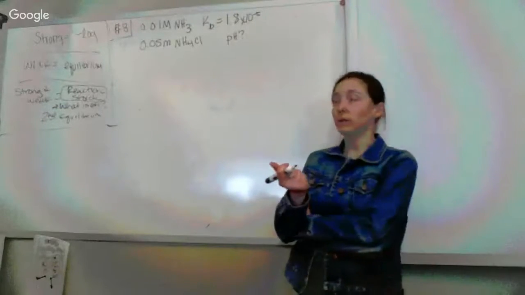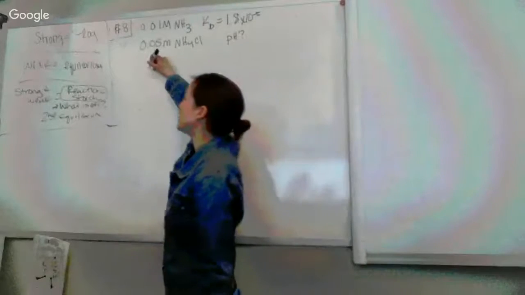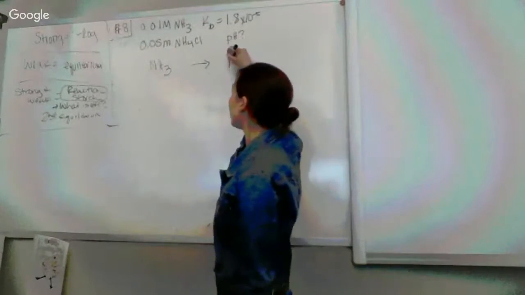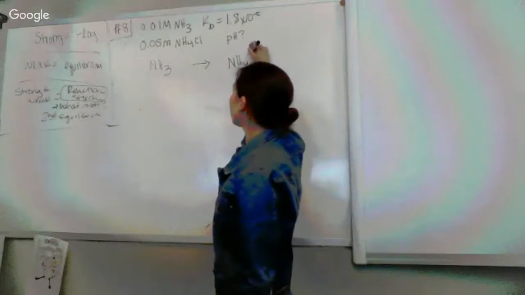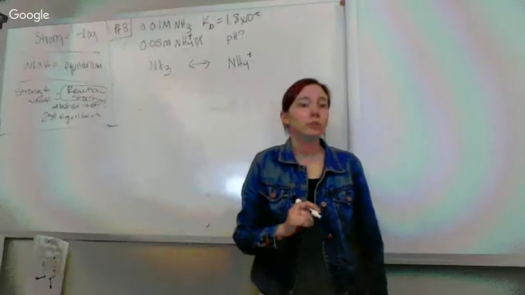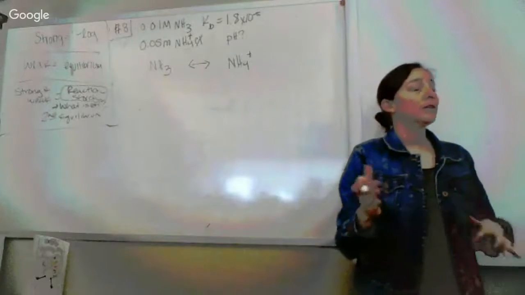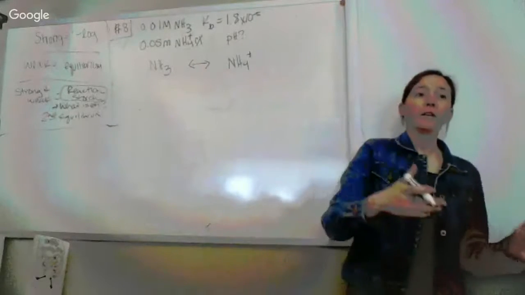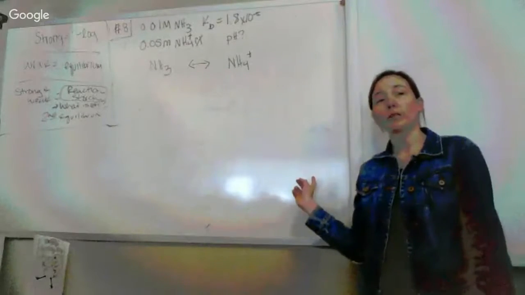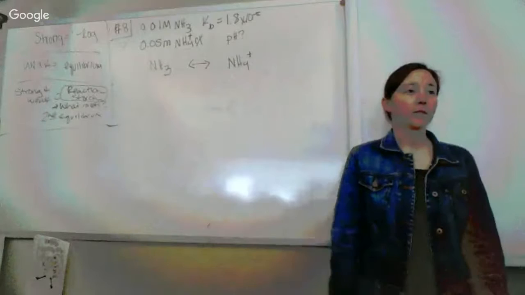So that means that one has to be the product of another. These have to be on opposite sides of an equation. And it's that NH4 that is in my compound that is going to be on the opposite side of NH3. So a couple questions. Why did I put NH4 on the right and NH3 on the left?